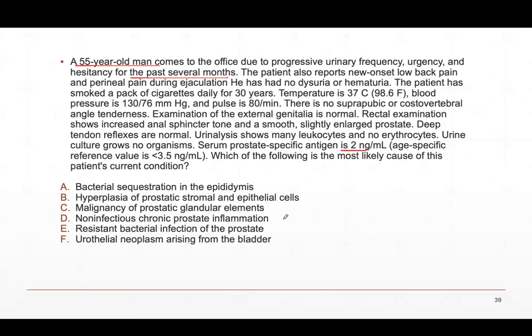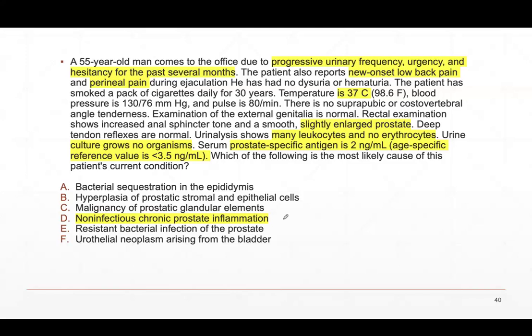Excellent. D. So this patient has chronic pelvic pain syndrome, or non-infectious chronic prostate inflammation, or prostatitis. And usually it has symptoms very, very similar to BPH. But also the other thing is that BPH doesn't have back pain.